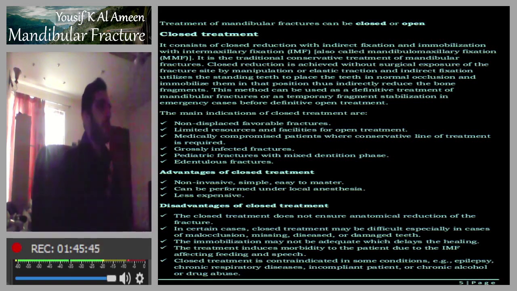Closed reduction is achieved without surgical exposure of the fracture site, by manipulation of elastic traction and indirect fixation.